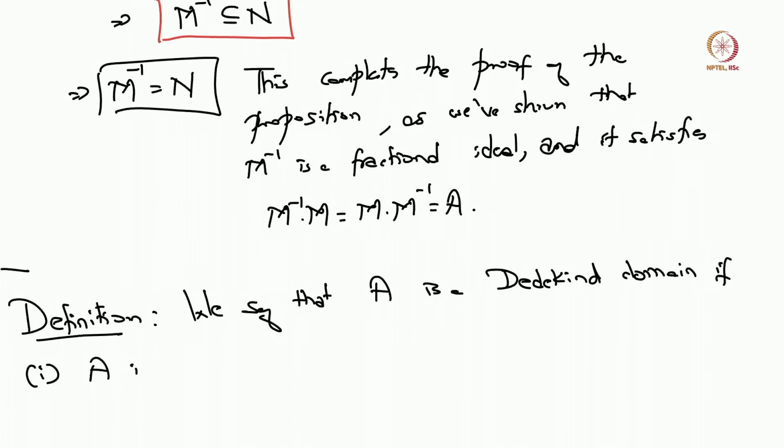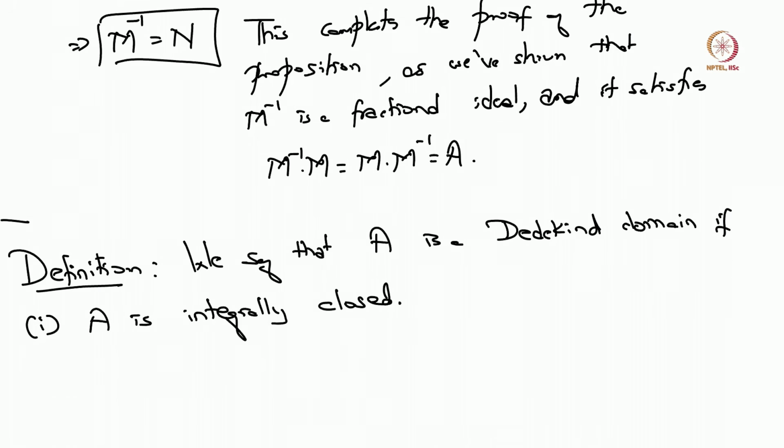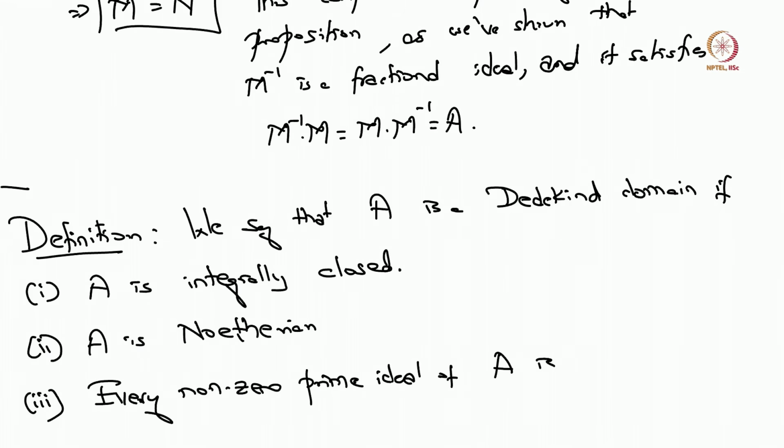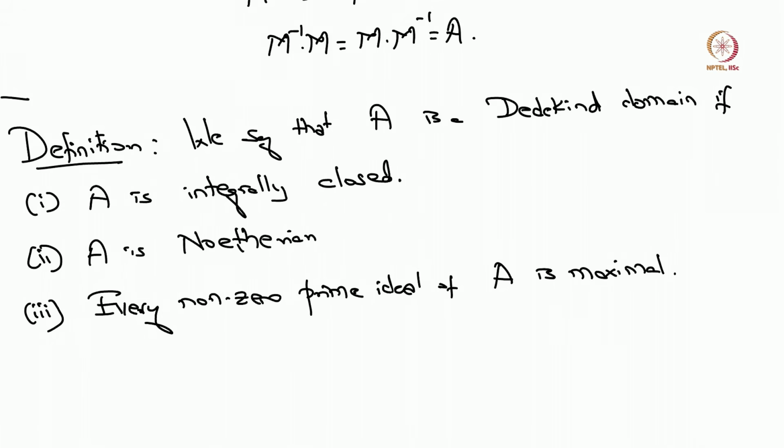One is that it's integrally closed. Two, it's Noetherian. And three is that every non-zero prime ideal of A is maximal.